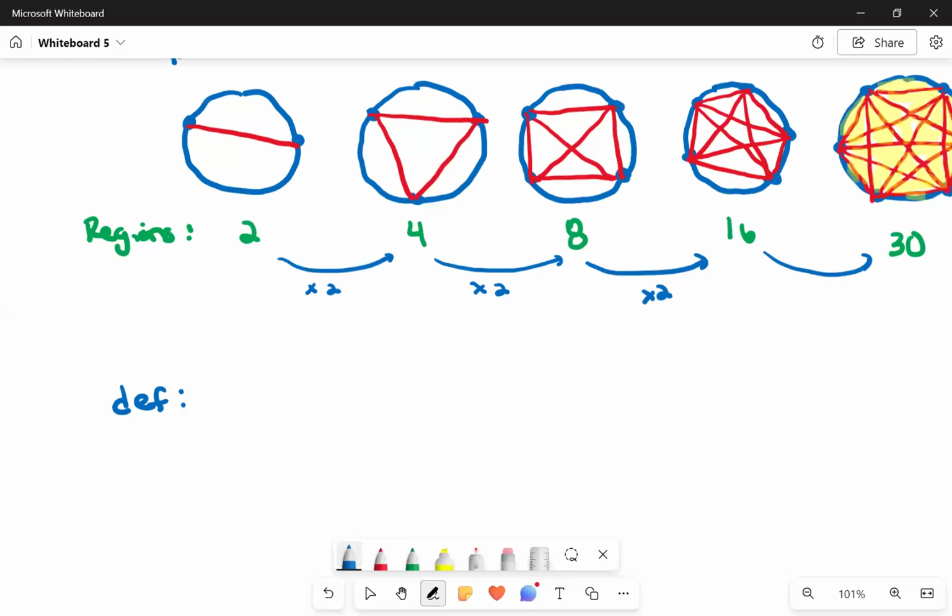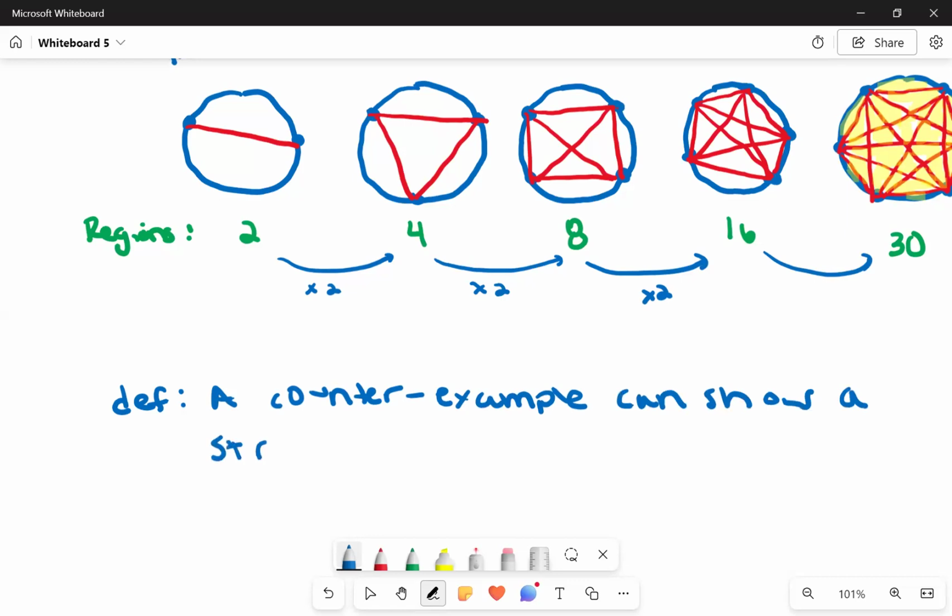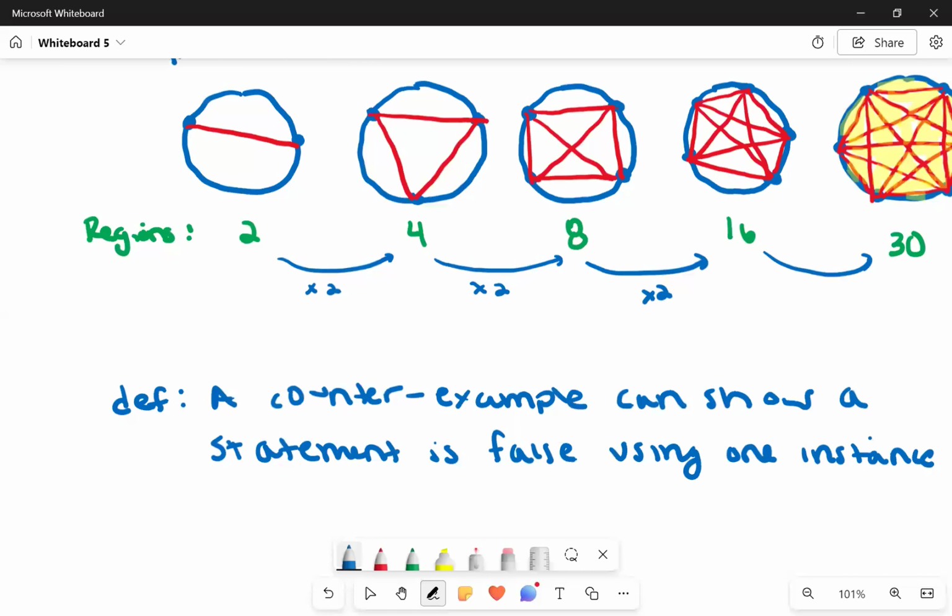And as it sounds, it's pretty obvious. A counterexample can show a statement is false using one instance where it doesn't work.